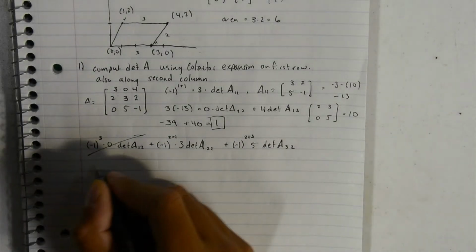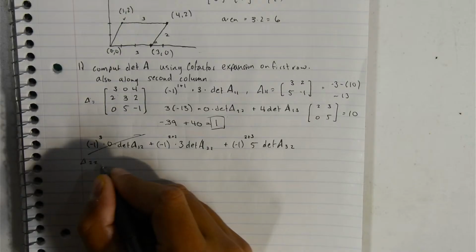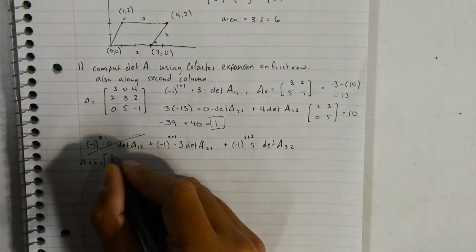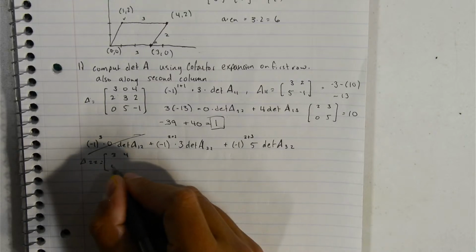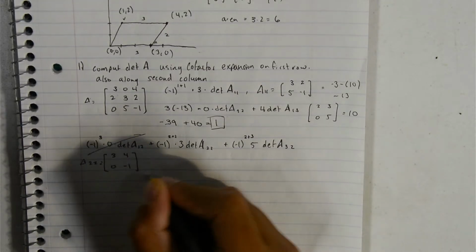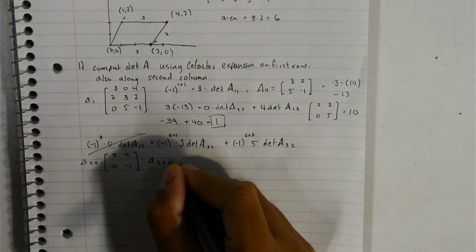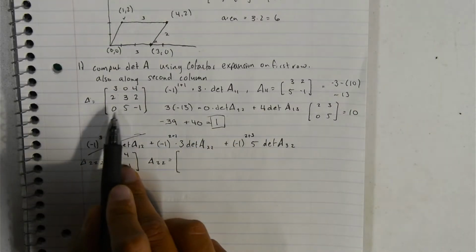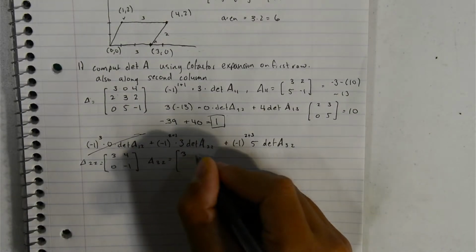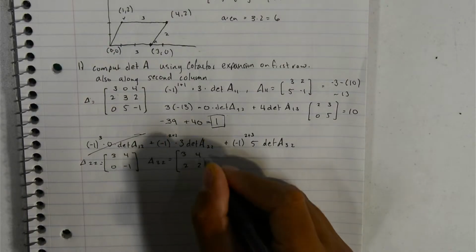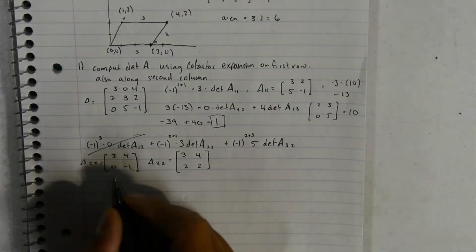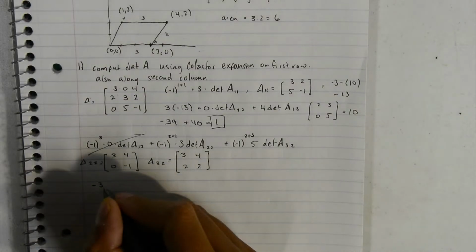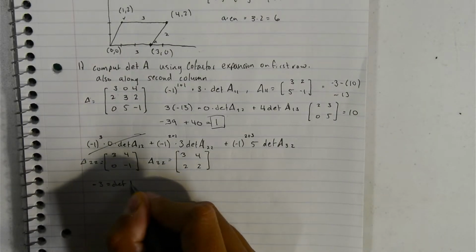This one is going to be, let's say A22 is 3, 4, 0, minus 1. And A32 is equal to 3, 4, 2, 2. Okay, so then this determinant is going to be minus 3 and is equal to det A22.